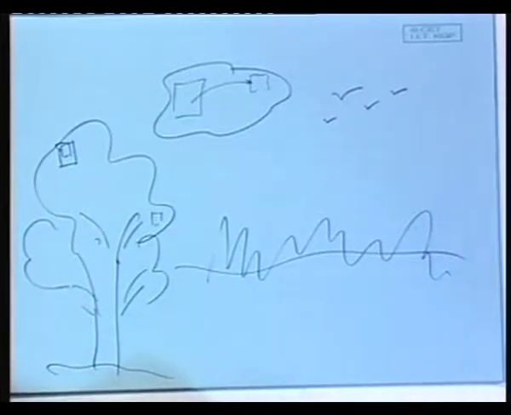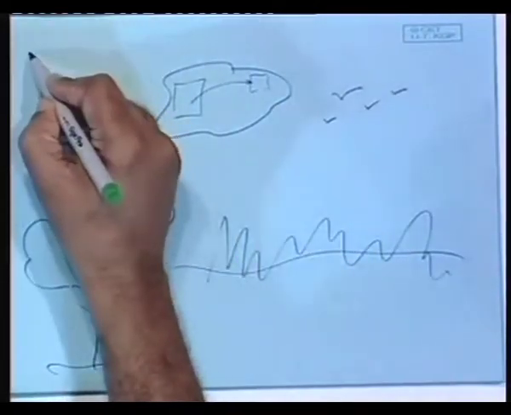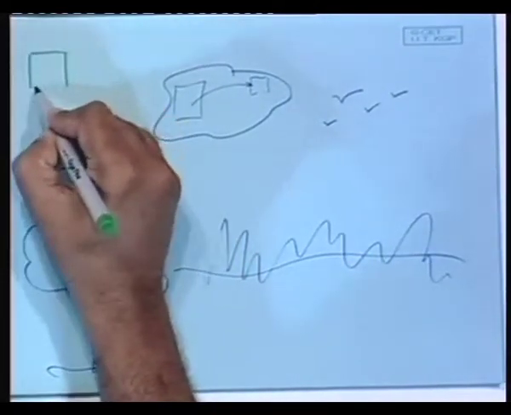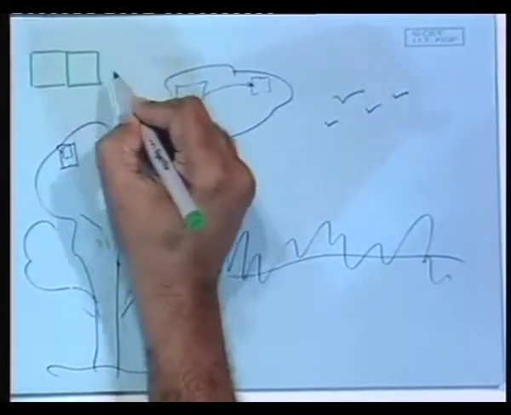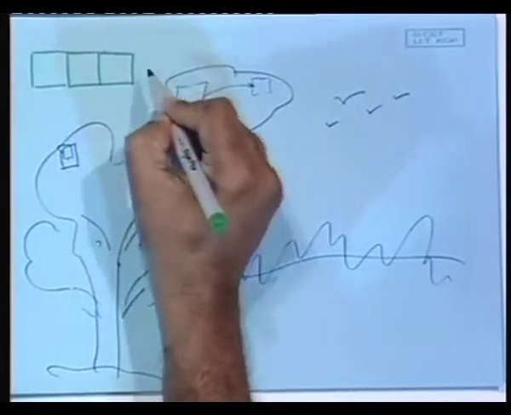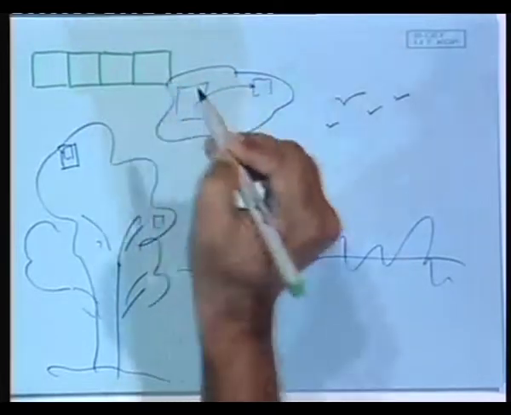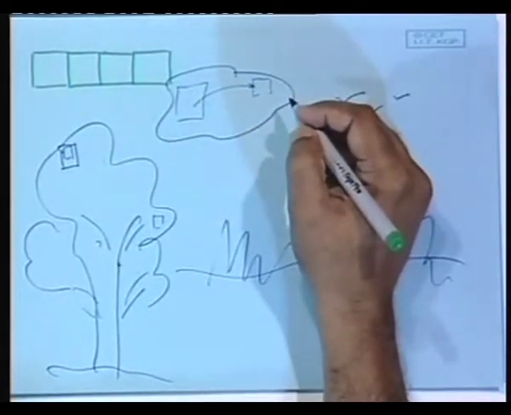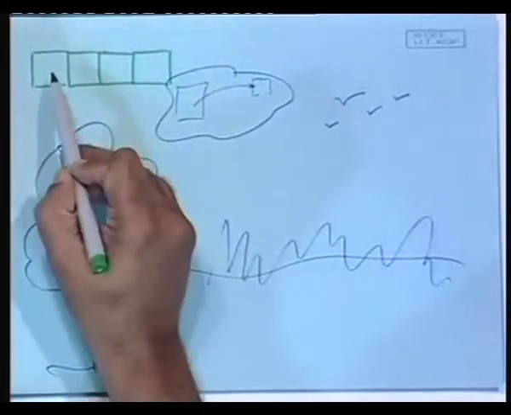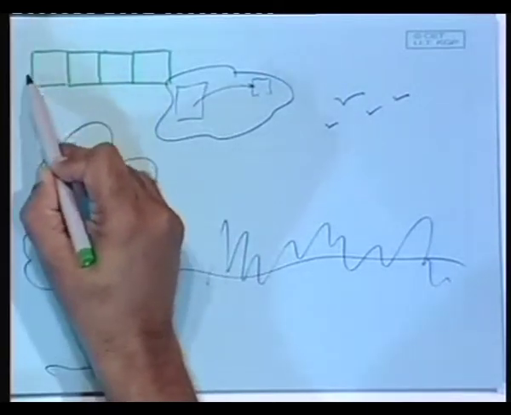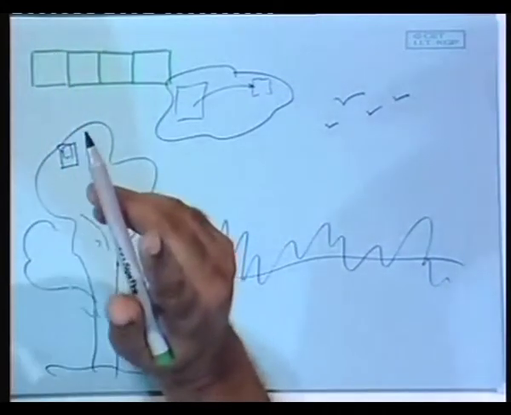So, what we will do is we will divide the image into boxes, say a box like this, a box like that, a box like this, and so on and so forth. And then suppose I am trying to find out where the first box comes from.